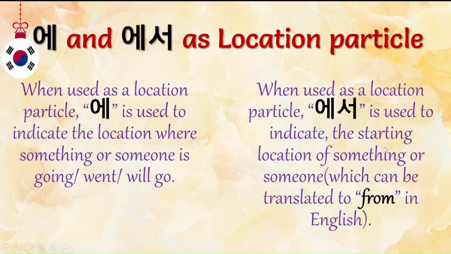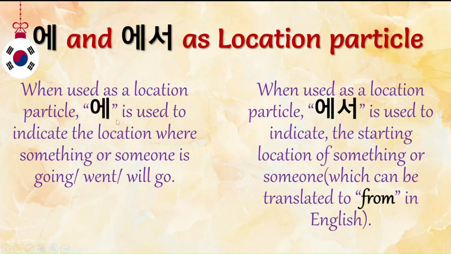Now if you remember, we just saw that when 에서 is used as a time particle, it indicates the starting time. Similarly, when it is used as a location particle, it indicates the starting location of something or someone, and 에 indicates the final location where something or someone is going.